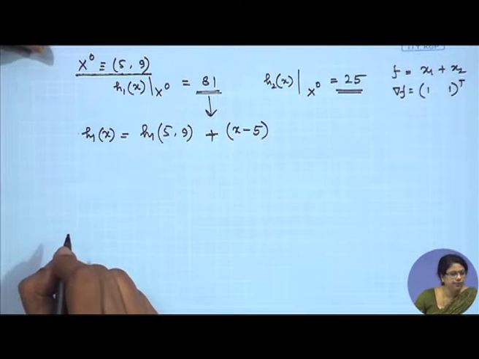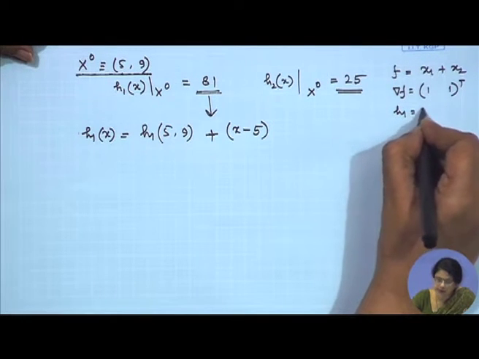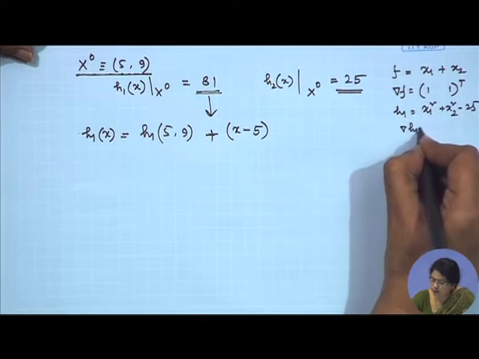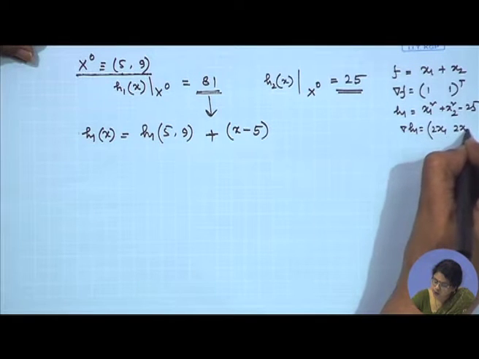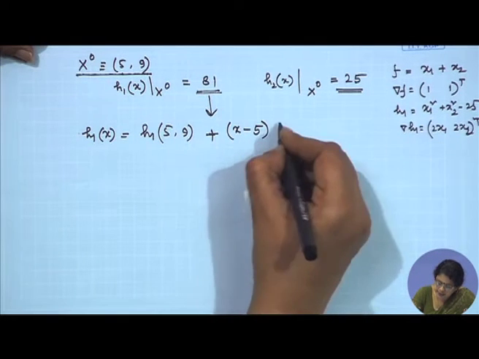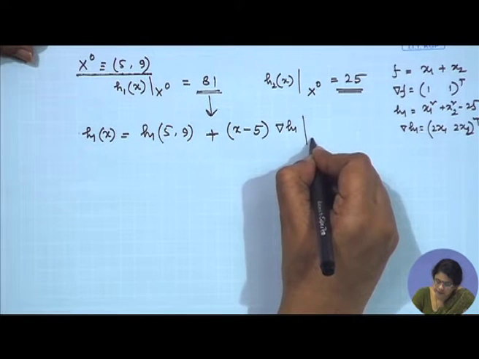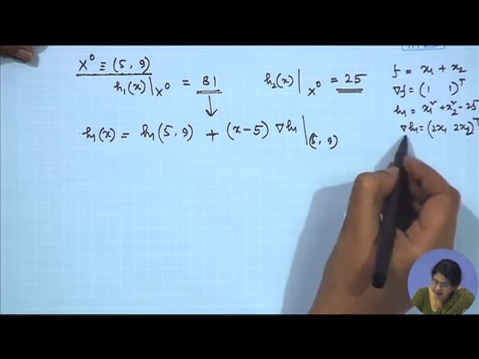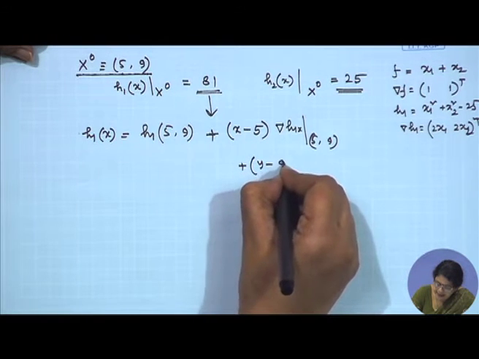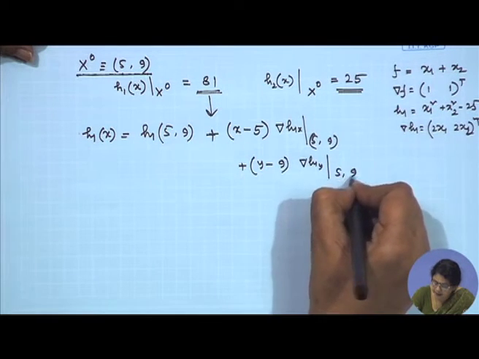Now h1 is x1 square plus x2 square minus 25, so grad of h1 would be (2x1, 2x2) transpose. Clear? That is why we have (x minus 5) times the x part of grad h1 at (5, 9), plus (y minus 9) times the y part of grad h1 at (5, 9). Is that clear?